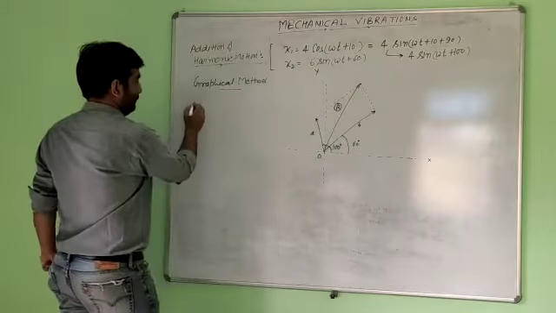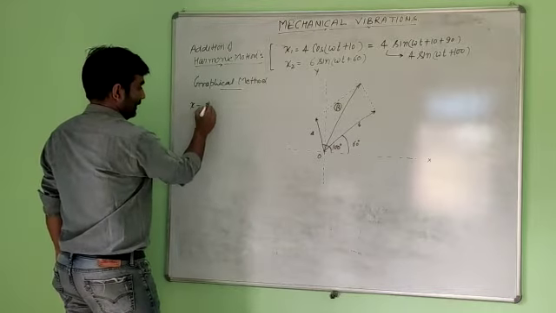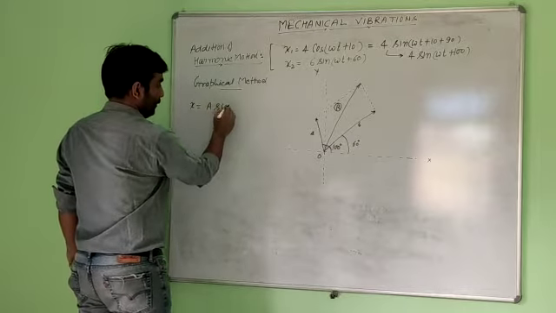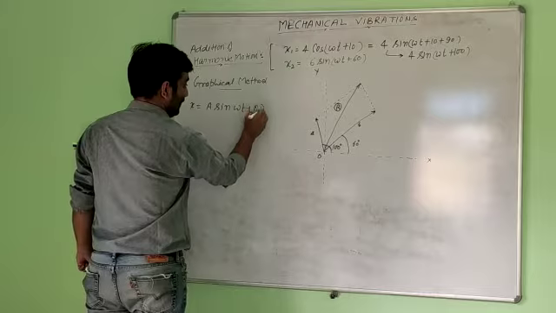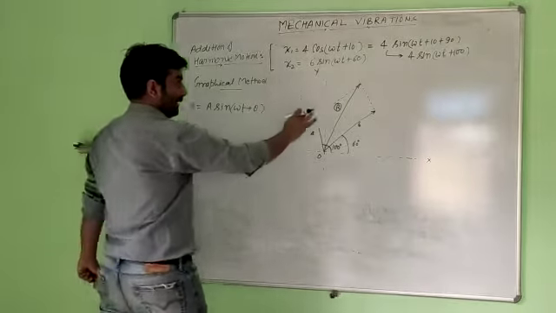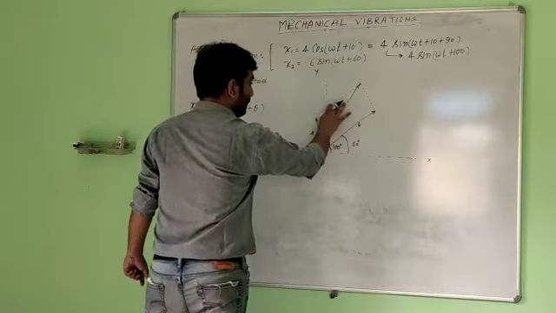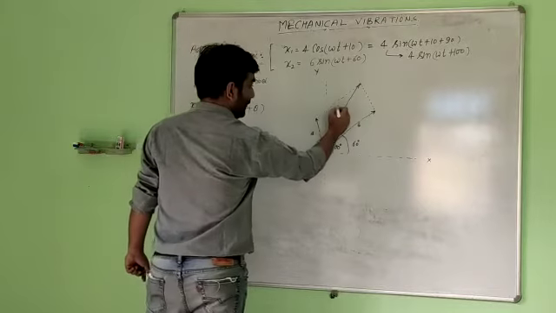Our resultant is like x is equal to A sin omega t plus theta, and A will be given by this length.